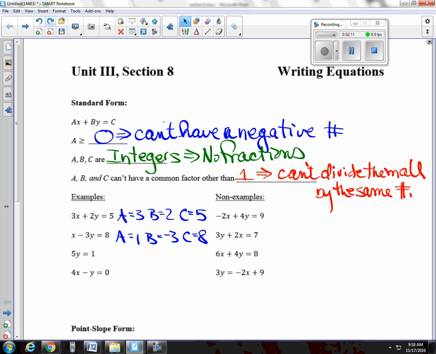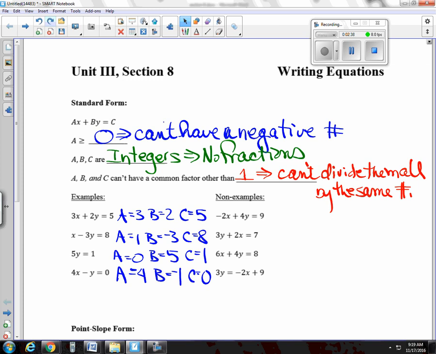In the next example, there isn't an x. So you have to ask yourself, how many x's are in this problem? And there are 0. So a is equal to 0. B is equal to 5, and c is equal to 1. And the last problem, a is equal to 4, b is equal to negative 1, and c is equal to 0.